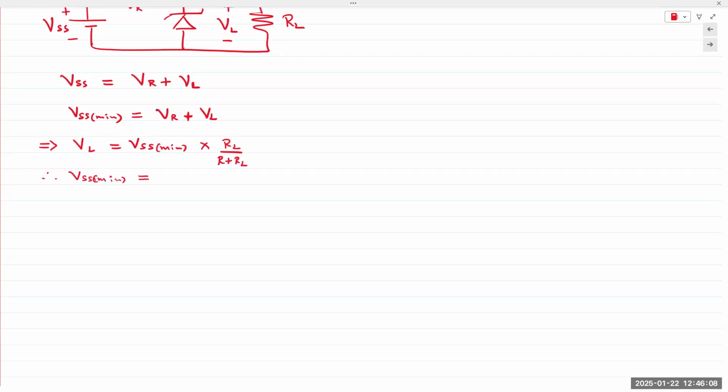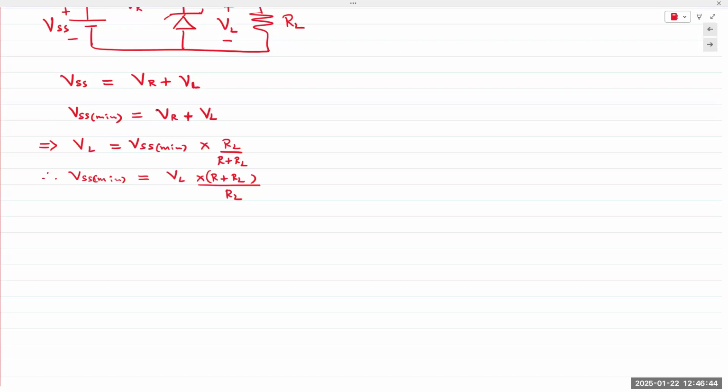So rearrange the terms. You get VL times R plus RL divided by RL. Still the same voltage division. Right? If we ignore the Zener diode, VSS is dropping across the series resistor R and across the load resistor RL. So we can find the voltage VL in the equation of voltage division.